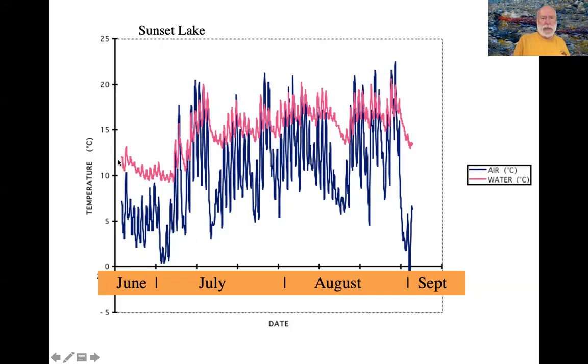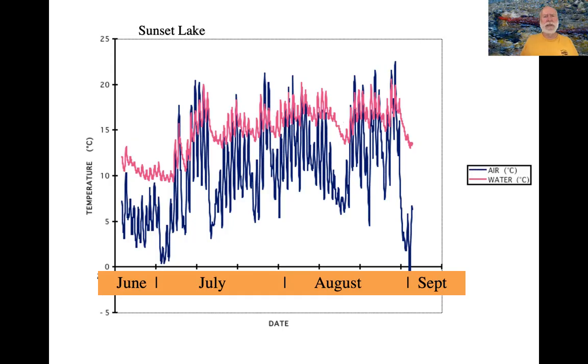And so look at the difference. There's pretty minor changes taking place here in terms of the temperature of the water, much more extreme changes in temperature taking place in the air. A lot of this is daily fluctuations. So you can see big changes between night and day as you go through the summer, whereas in the water, much more subtle changes.